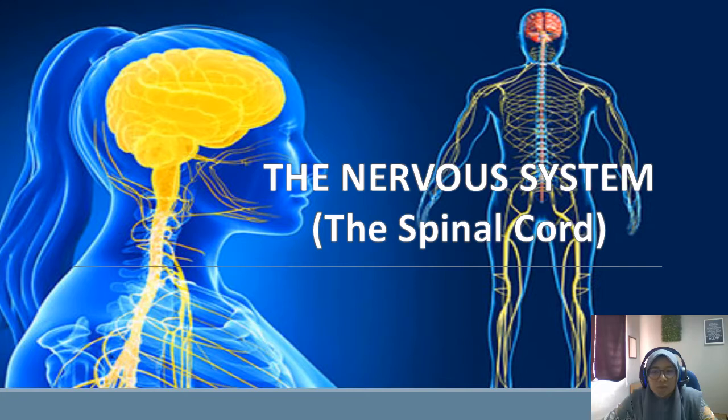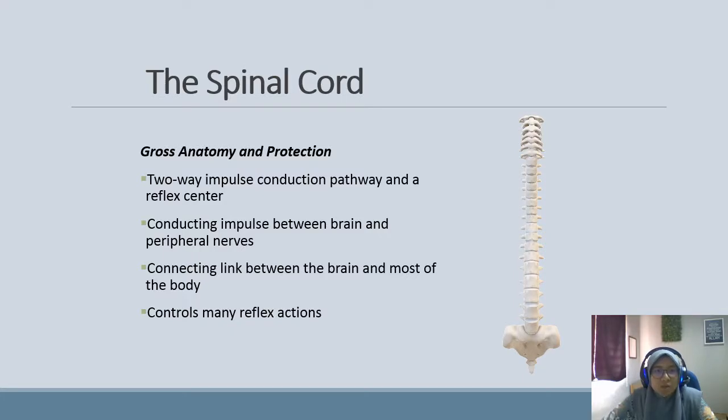Okay, this video will explain to you about the spinal cord, the subchapter in the nervous system. The gross anatomy and protection of the spinal cord: it has two-way impulse conduction and a reflex center. Also conducting impulse between brain and peripheral nerve. The peripheral nerve is the nerve that comes outside from the brain and the spinal cord.